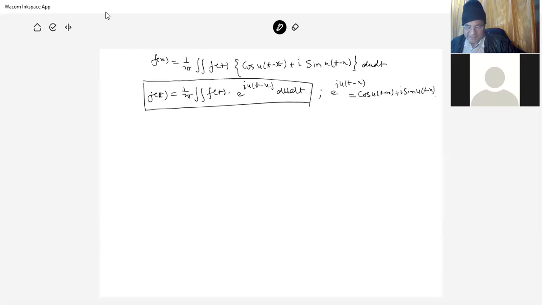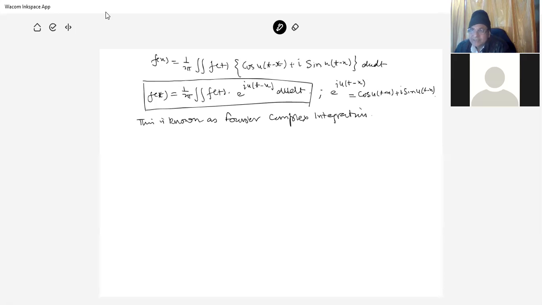This is a complex expression, so it is called Fourier complex integration. This is known as Fourier complex integration.